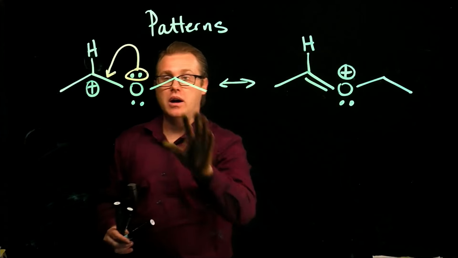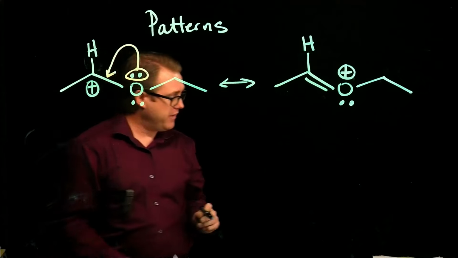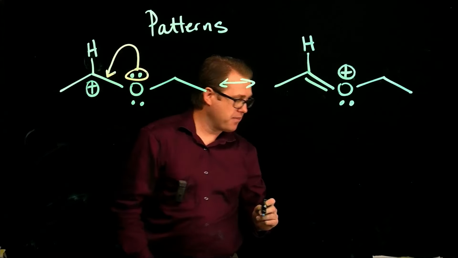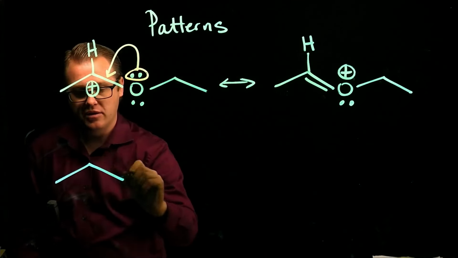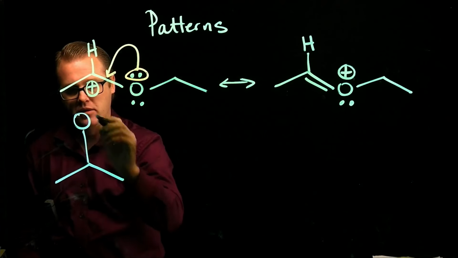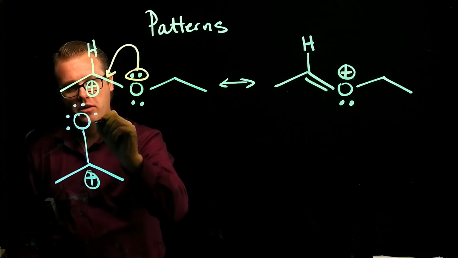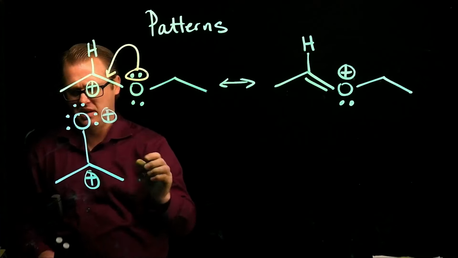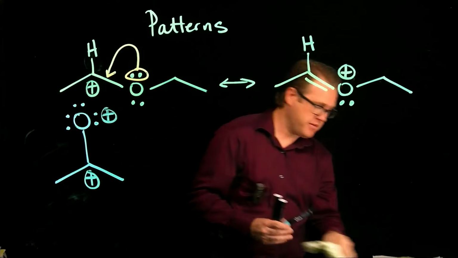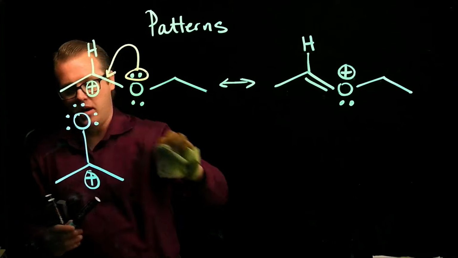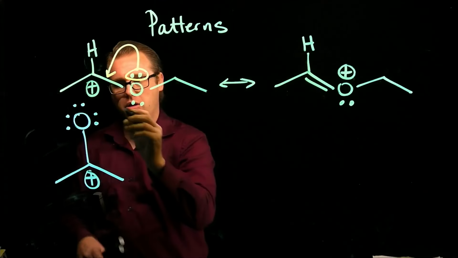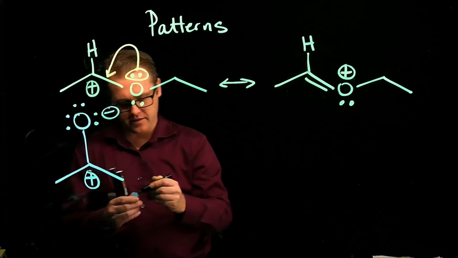Another, under the same pattern, what if you have, let's say, a structure that looks like this? A plus charge, 3 lone pairs, and a plus. Wait. That's not right. A single bonded oxygen with 3 lone pairs is a negative.